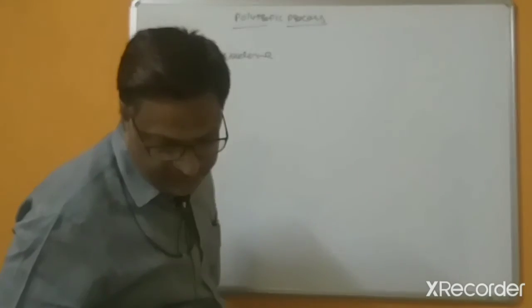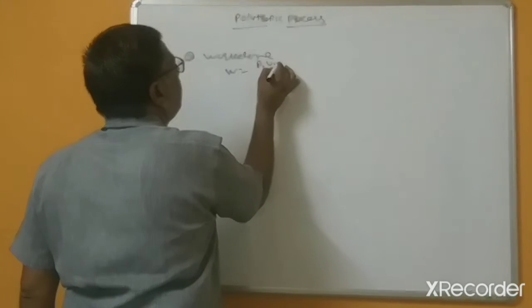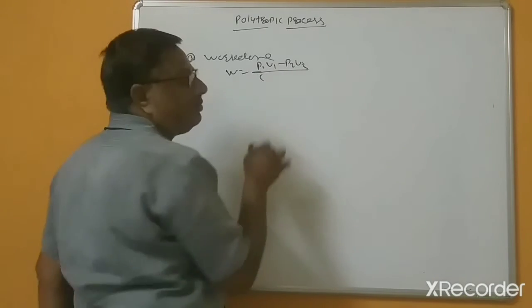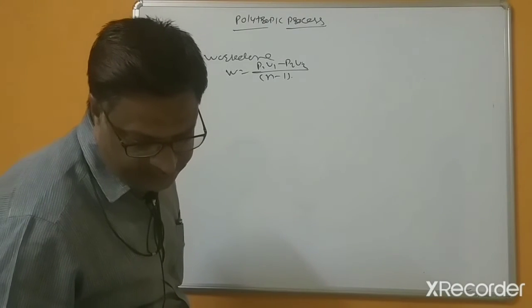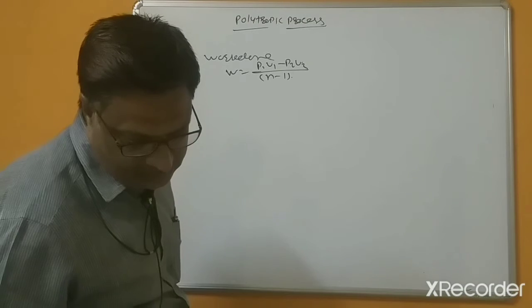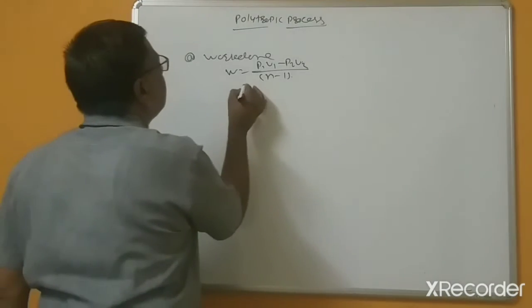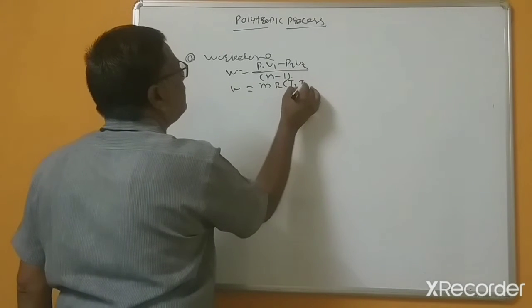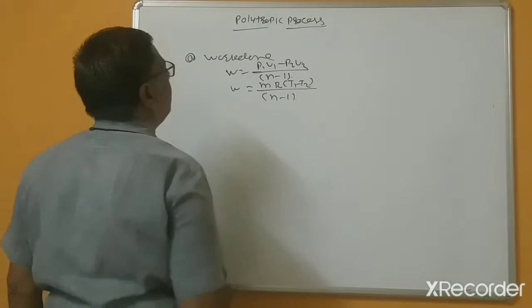Work done equal to (P1V1 minus P2V2) divided by n minus 1, where instead of gamma we replace n. The same equation we can write as mR (T1 minus T2) divided by n minus 1.